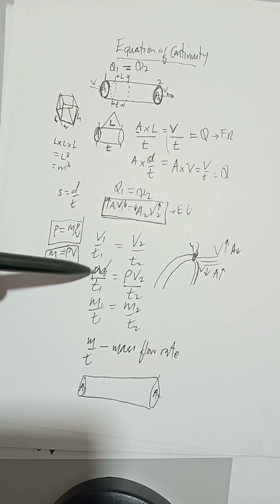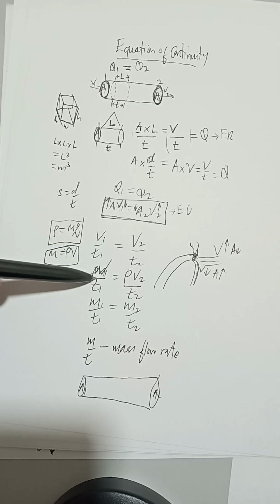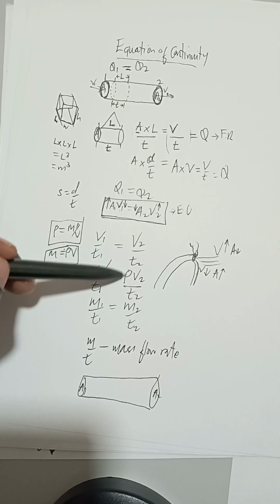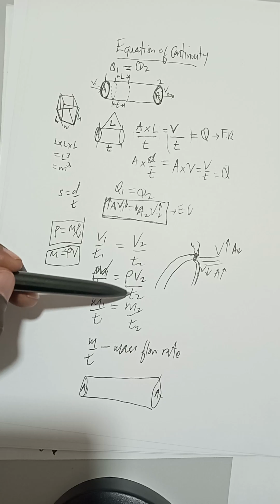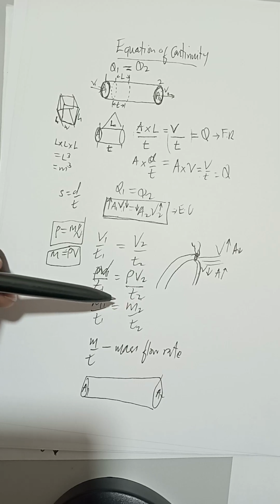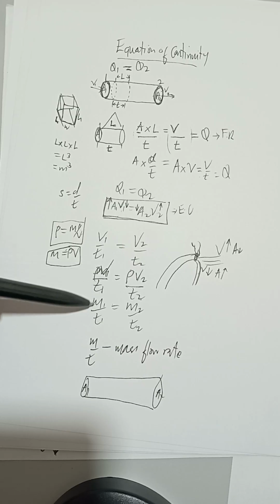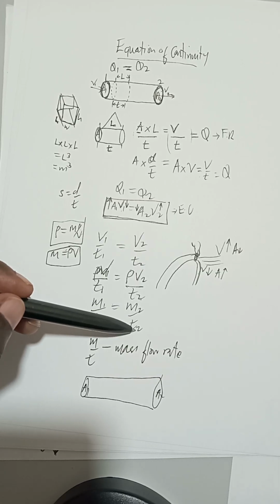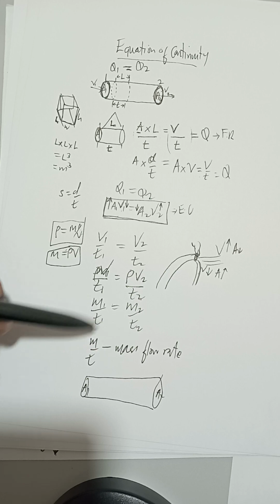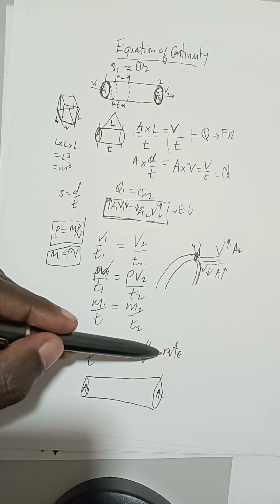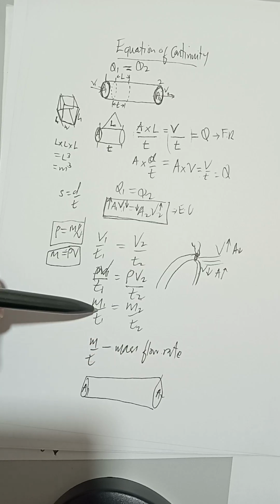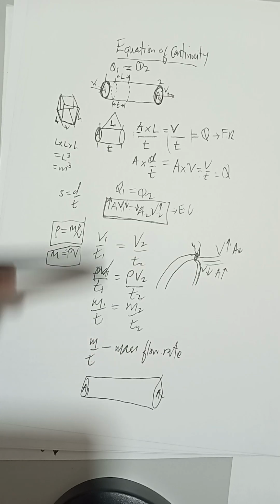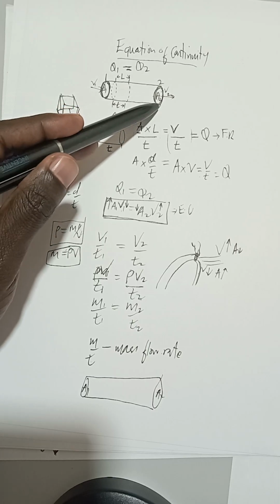So density times volume 1 over T1 equals density times volume 2 over T2. Instead of density times volume we put back mass, so it becomes mass 1 over T1 equals mass 2 over T2. Basically mass over T is the mass flow rate, so this is the conservation of mass.